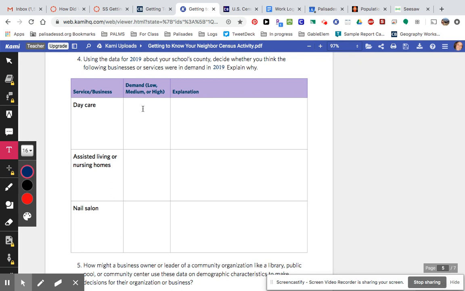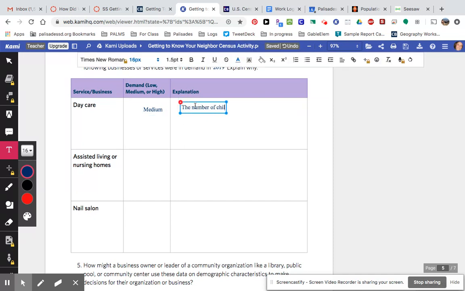So I would say low, medium, or high demand. Maybe I'll say medium here. And then my explanation would just be that the number of children under the age of 5 has not really changed too much in the past 9 years.